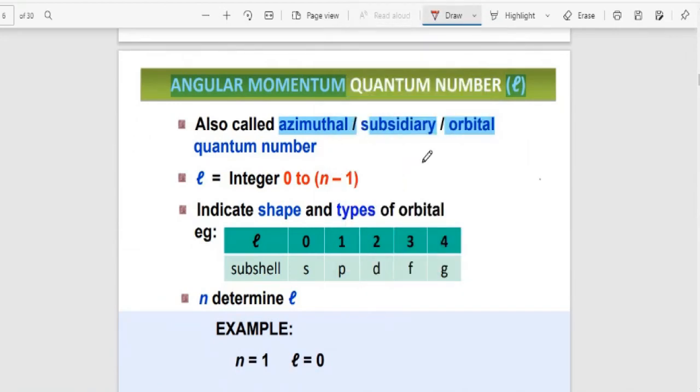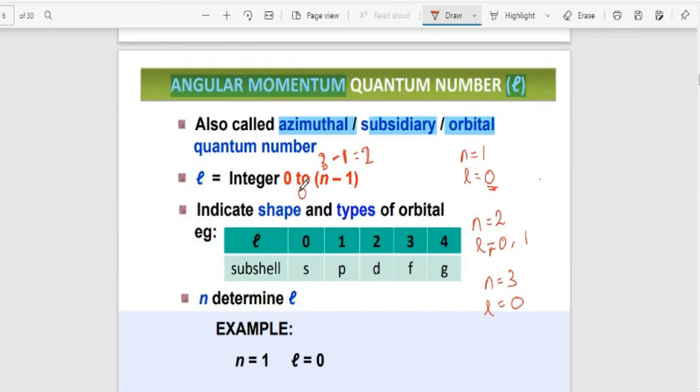For example, when N equal to 1, what is the value for L? L is 0 to N minus 1. So 1 minus 1 equal to 0. That is only one value. When N equal to 2, what is the value of L? It starts from 0, and 2 minus 1 equal to 1. So 0 and 1. When N equal to 3, what is the value of L? L equals 0 to 3 minus 1, which is 2.